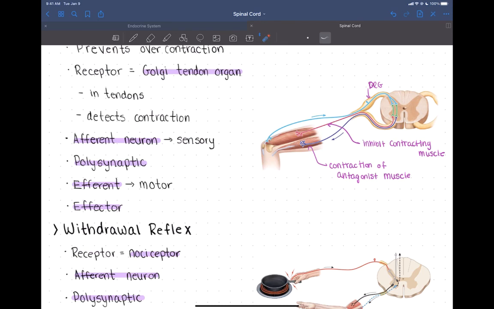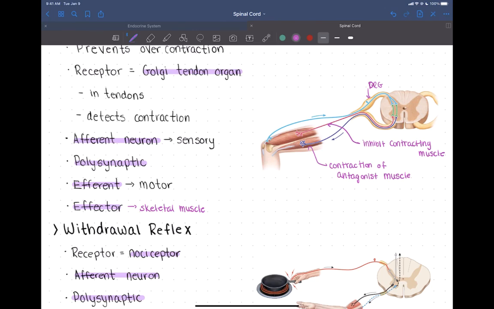So this effector is skeletal muscle. Those are our opposing reflexes: our stretch reflex and our Golgi tendon reflex, one for stretch, one for contraction.